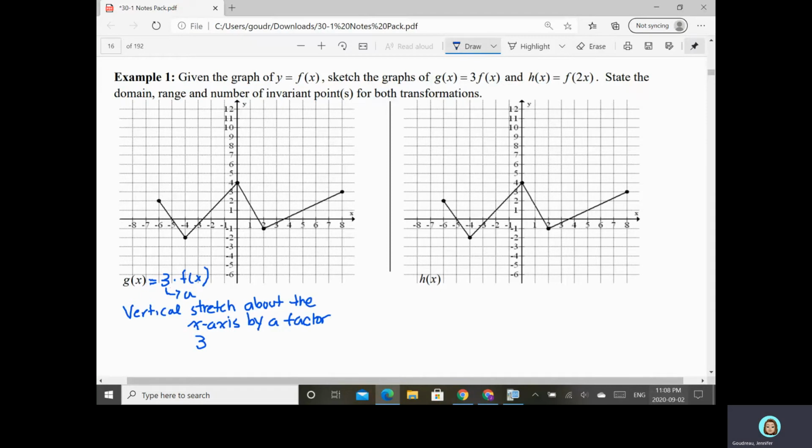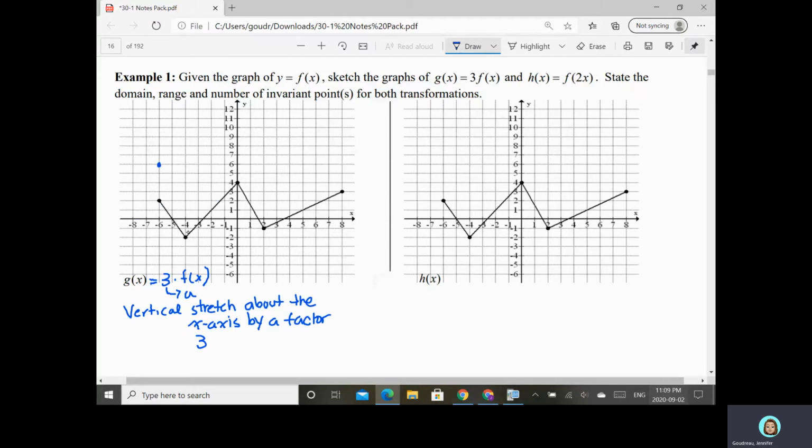When we go to sketch this, I'm going to give you a couple of choices. What you can do is just right from the graph, you can see what the y value is and multiply that y value by 3. So here, the y value is 2. So this point, instead of being 2 units away from the x-axis, is going to be 2 times 3, which is 6 units away from the x-axis.